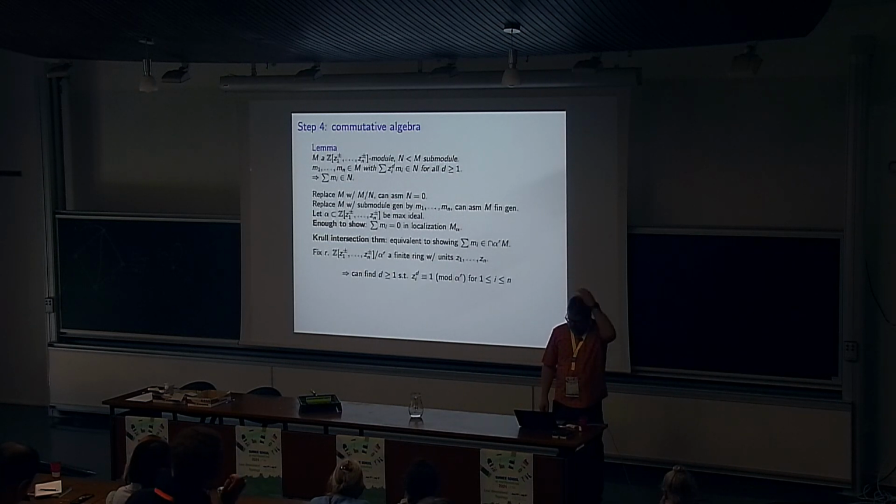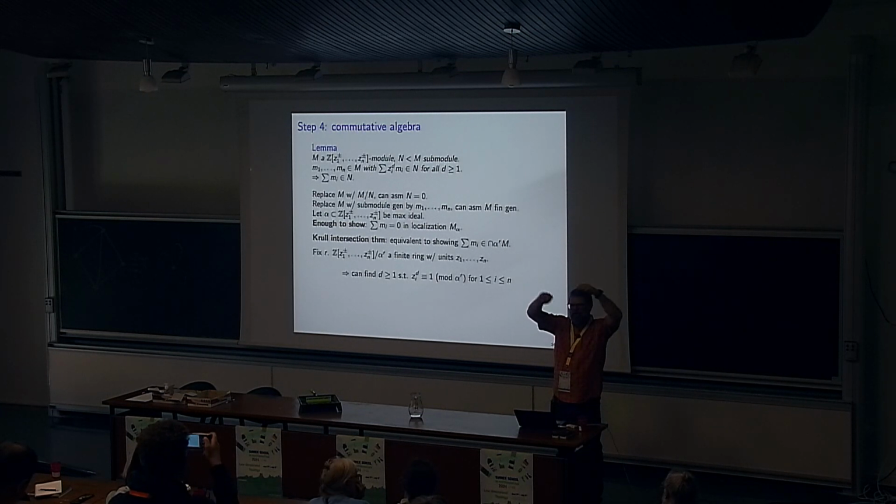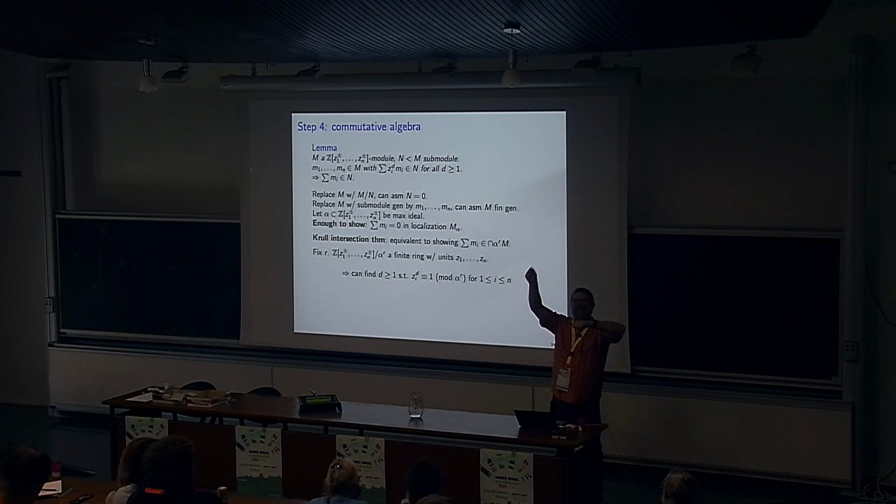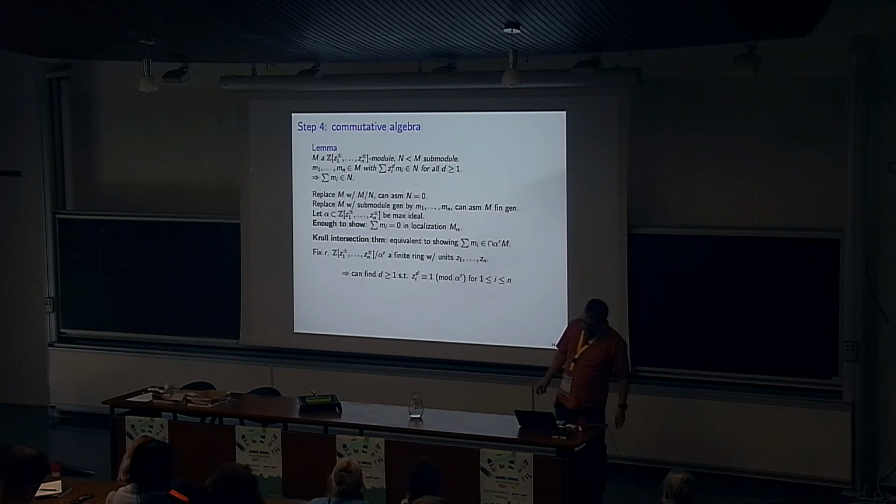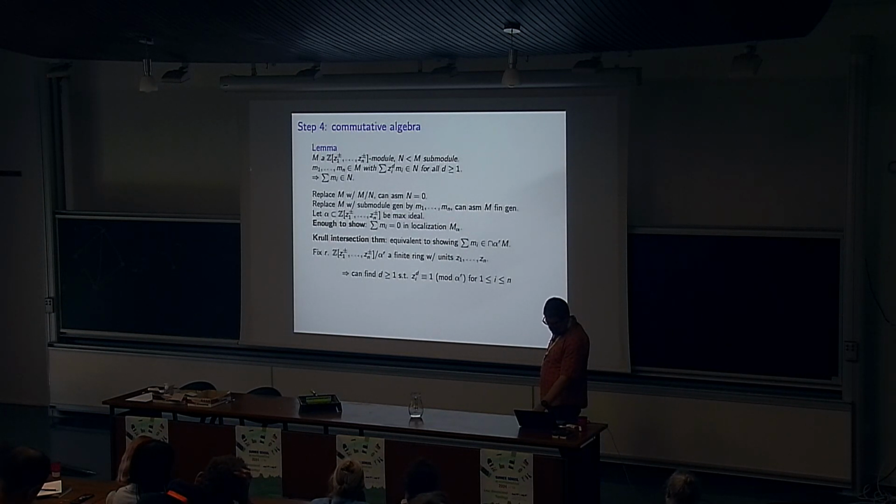Because it's a finite ring, each of these things is a unit, so there's some common power of them all which is 1, right? If you have a unit in a finite ring, some power of it has to be 1. And then you can choose a common power that works for all of them, a GCD or whatever. So we can find some d at least 1 such that zi to the d is 1 mod alpha to the r for all i.